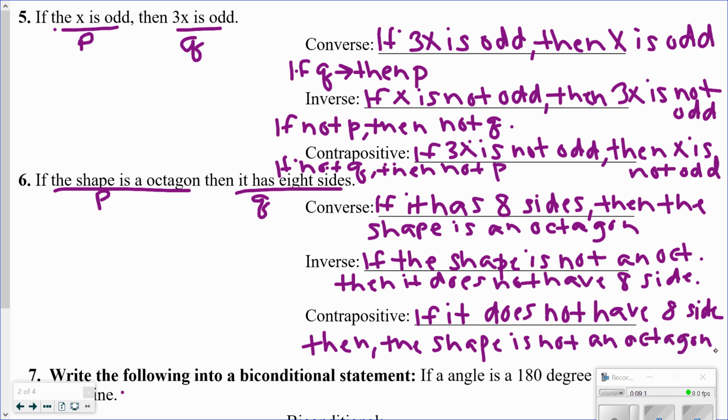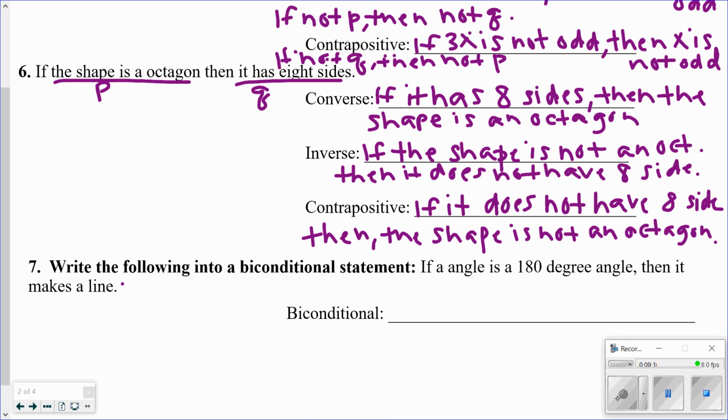All right, let's move this back up. Next, we have a biconditional statement. Write the following into a biconditional statement. Remember, biconditional statements are statements that say if and only if. So if an angle is a 180-degree angle, then it makes a line.